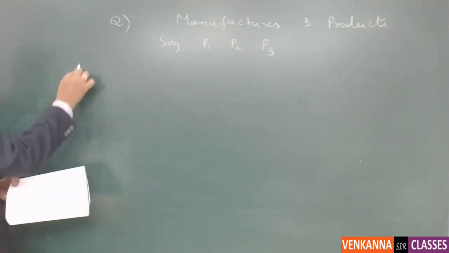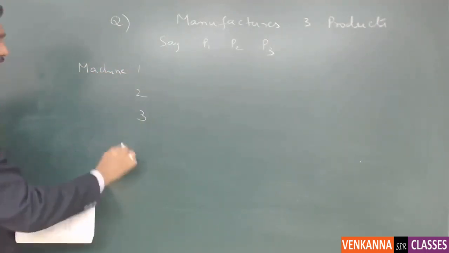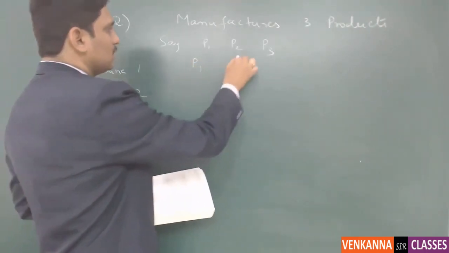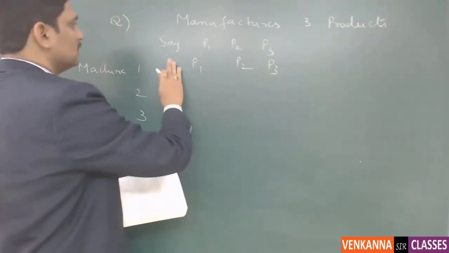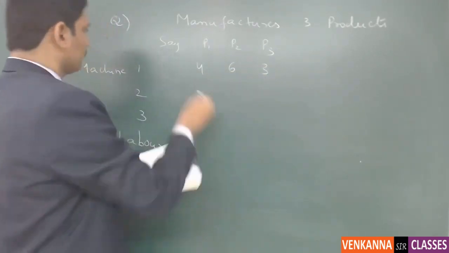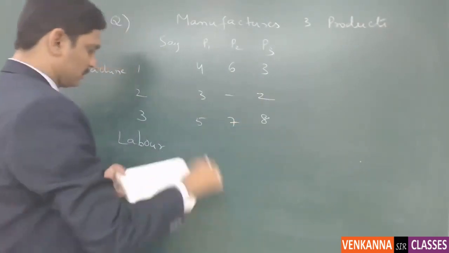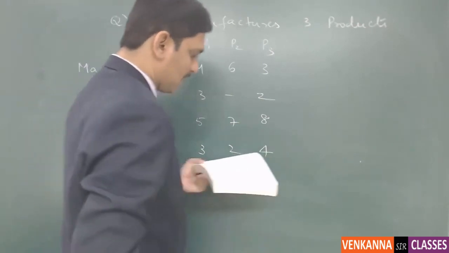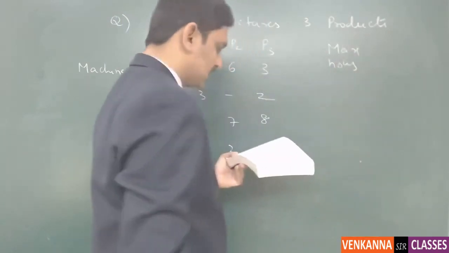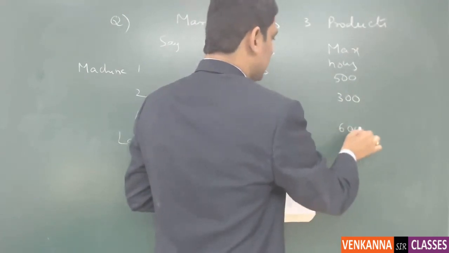Machines 1, 2, 3, and labor, for products P1, P2, P3: 4, 6, 3. And the maximum hours available are 500, 300, 600 and 200.